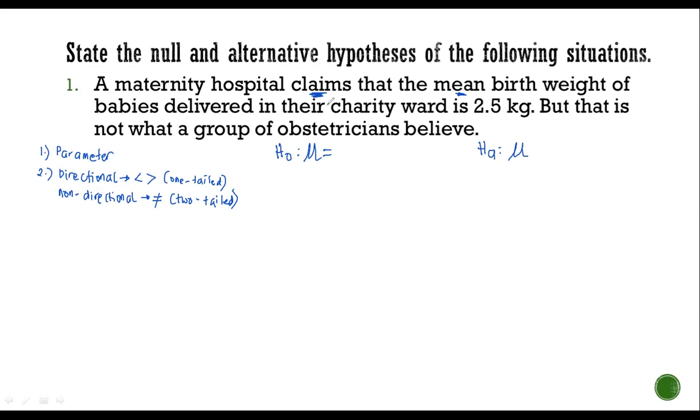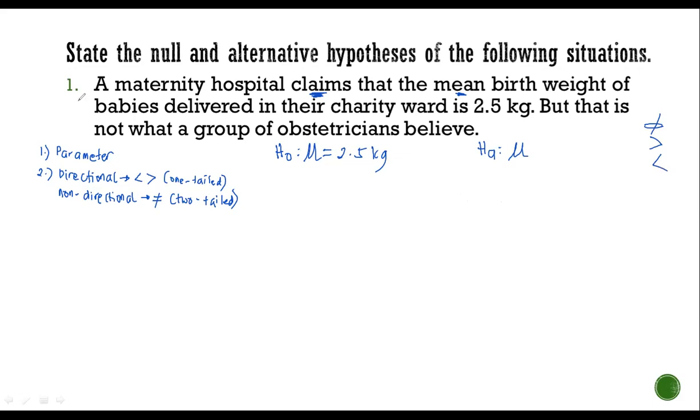Hanapin nga natin, ano ba yung value nandyan? Yung claim nila is that the mean birth weight is 2.5 kilograms. Kaya 2.5 kilograms. Sa kabila, anong sinabi natin sa ating alternative hypothesis? Pwede yung tatlo. Pwedeng not equal, pwedeng greater, pwedeng less.